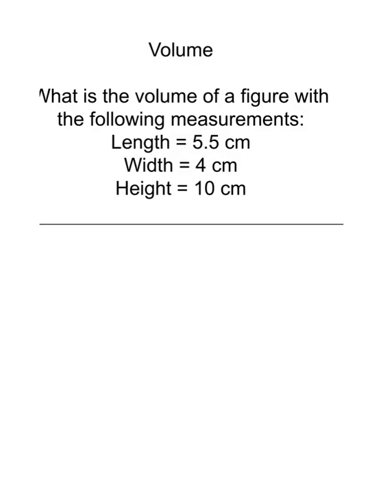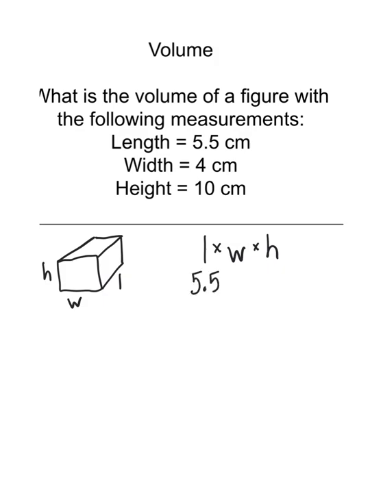The next problem asks us about volume. Remember, when we're calculating the volume of a figure that has length, width, and height, the formula for that is to multiply length times width times height. So we're going to multiply 5.5 centimeters times 4 centimeters times 10 centimeters.